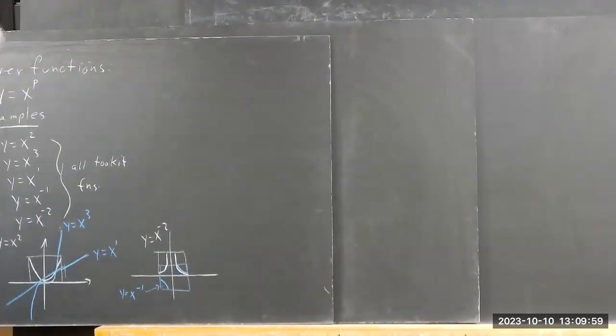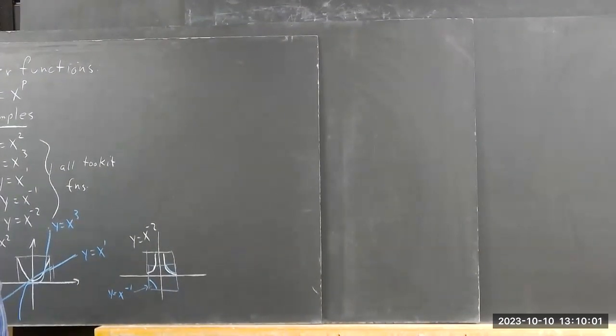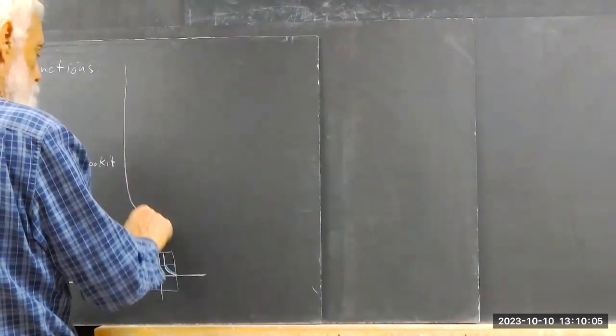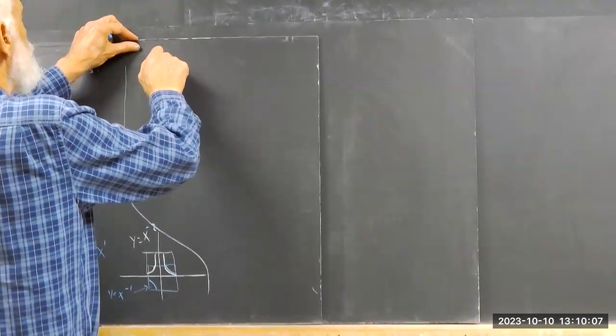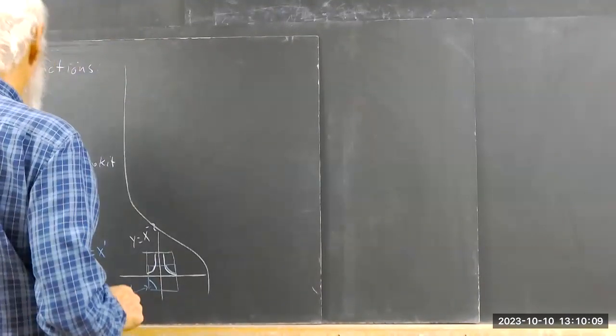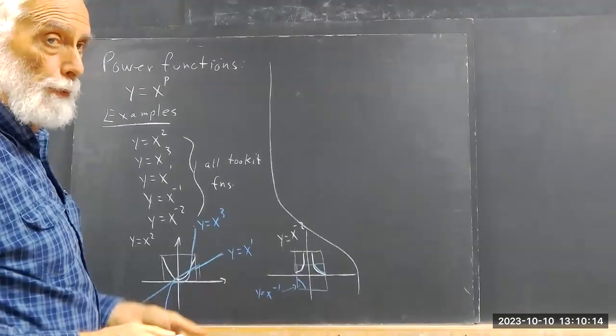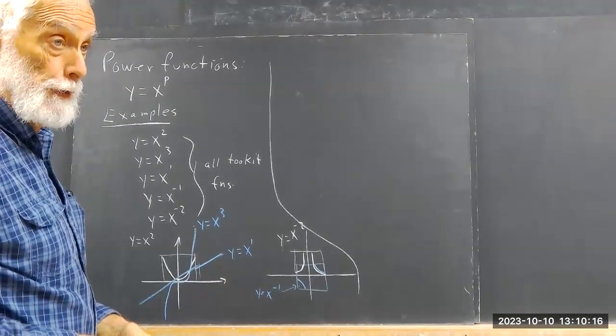All right. Now let's get over here as far as we dare. And of course, I didn't mention it, but we do have the x to the 1/2, or the square root function.